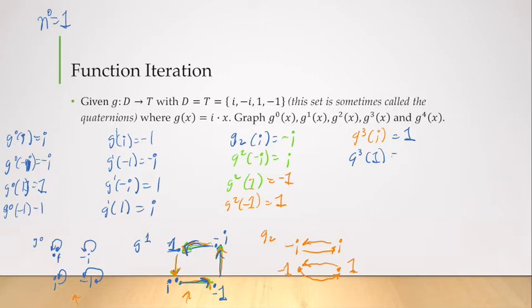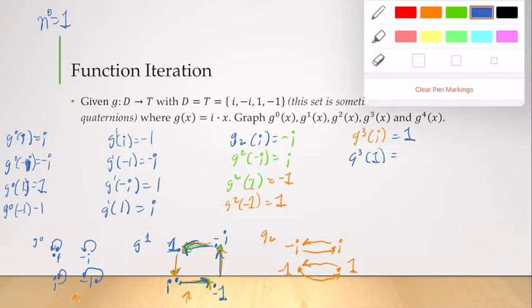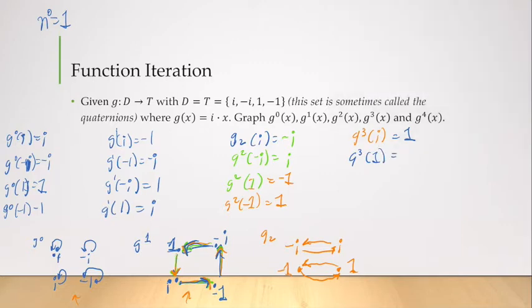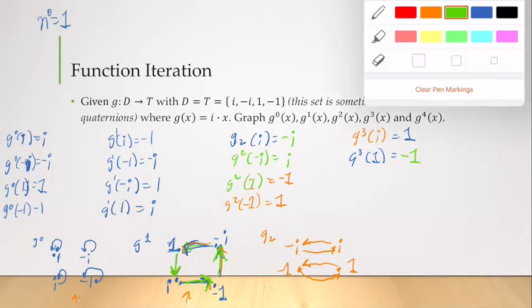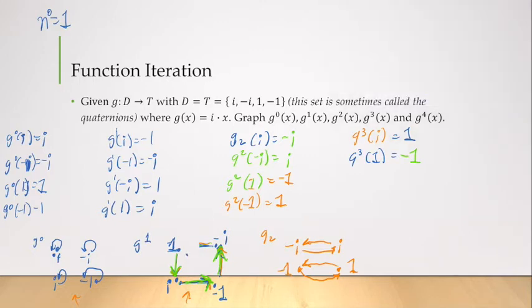Next, if I have g^3 of 1, let's just substitute in 1. I have that 1 goes from 1, 2, 3, so it goes to negative 1. Let me clear this a little bit so that we can figure out more clearly where our graph is going.